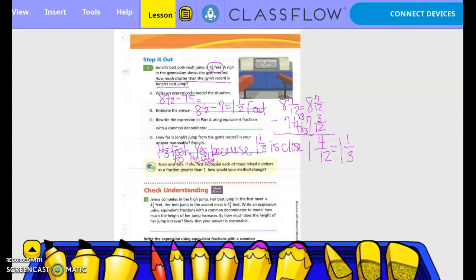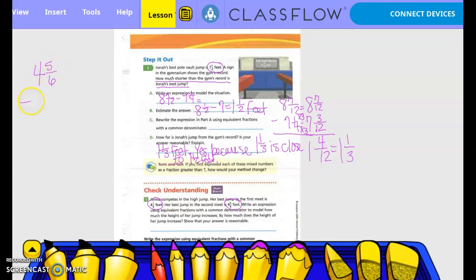Does that make sense? We have the 4 1/4 feet and the 4 5/6 feet. Do we need to add, subtract, multiply, or divide? Subtract. It does talk about increasing, but we need to show the difference, correct? So what am I going to do?